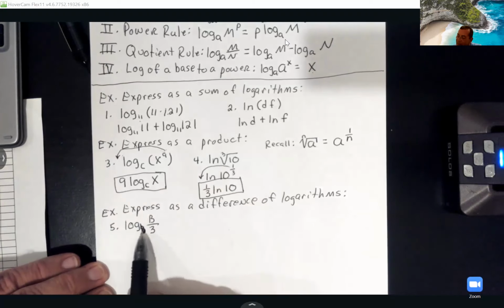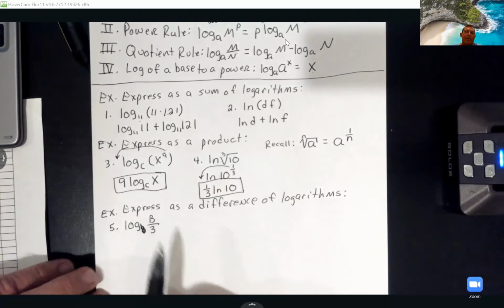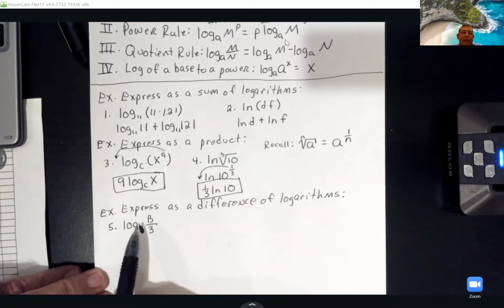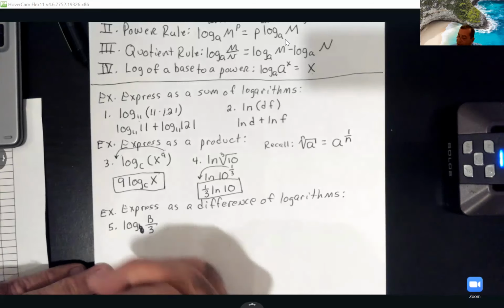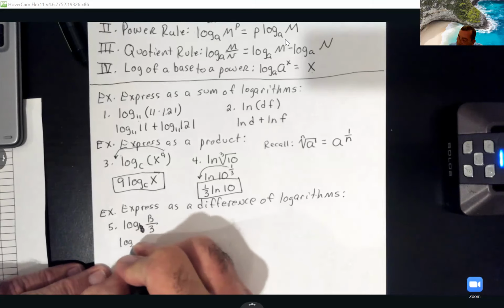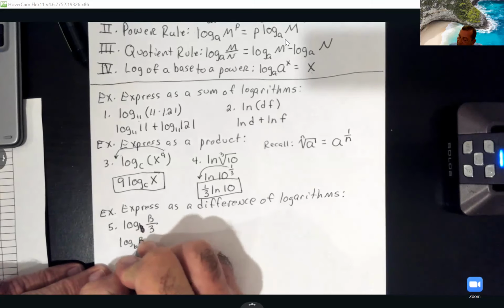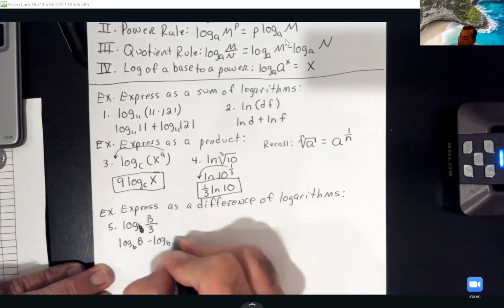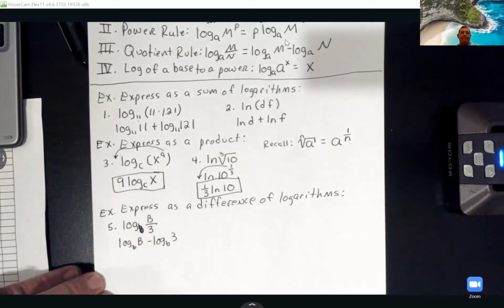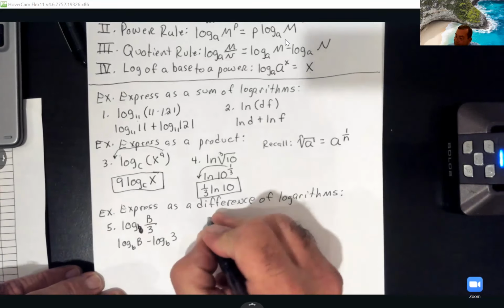So this MATLAB is picky about small letters and capital letters, okay? So make sure y'all write this as a log base little b, capital B over 3. So I'm going to distribute the log b to both factors and rewrite it as subtraction. So we'll get a log base little b of a capital B minus the log base little b of 3. All right, so I now have my difference. Final answer.